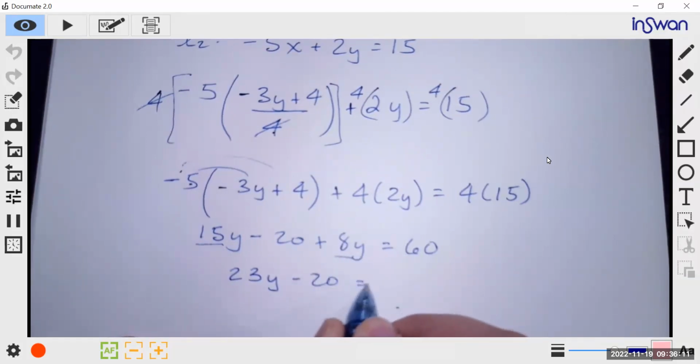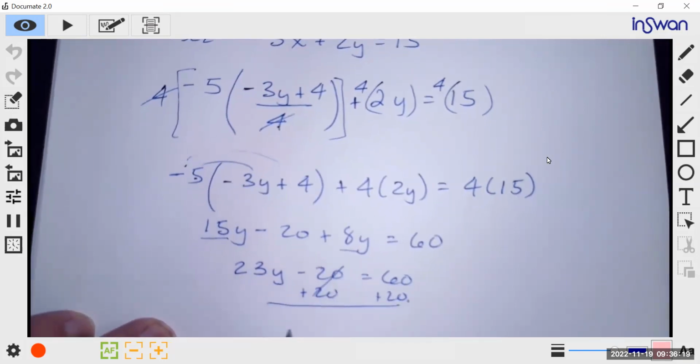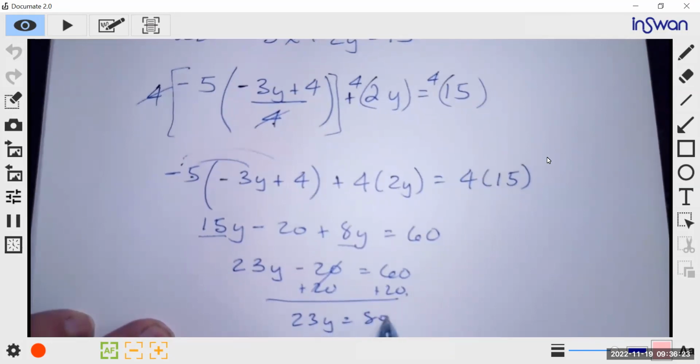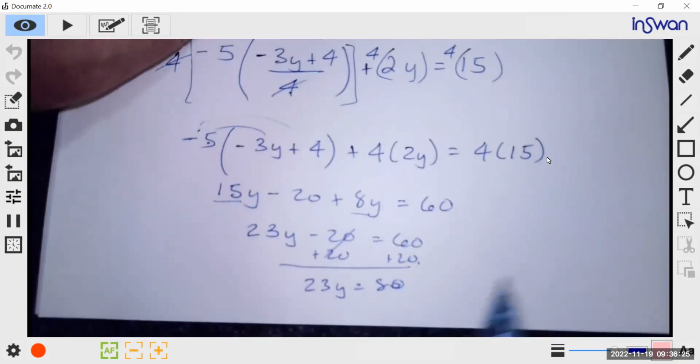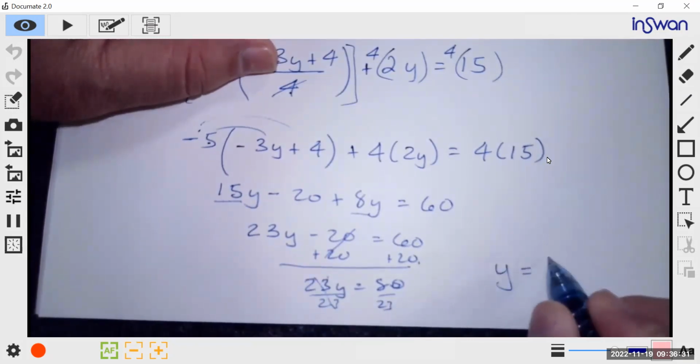Minus 20 equals 60. Add 20. 23y equals 80. And divide by 23. So I know that my y is 80 over 23.